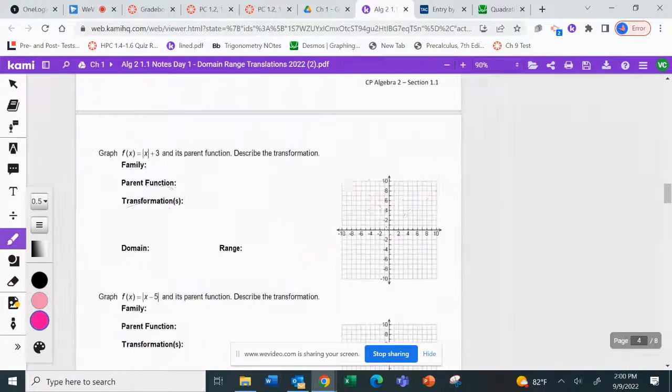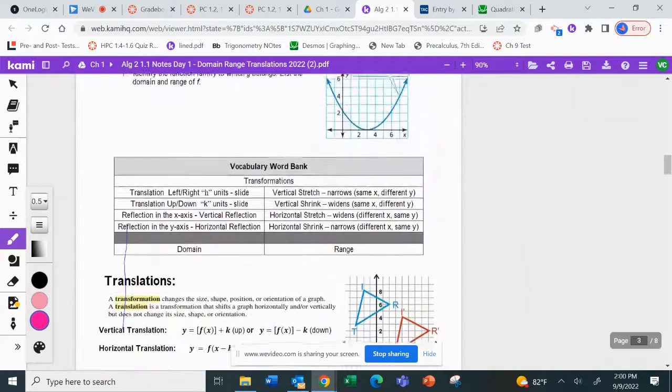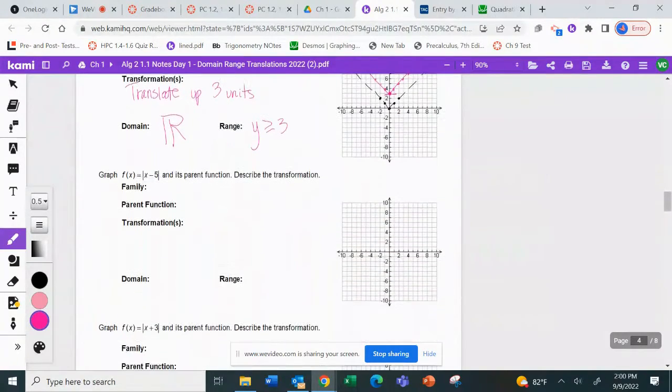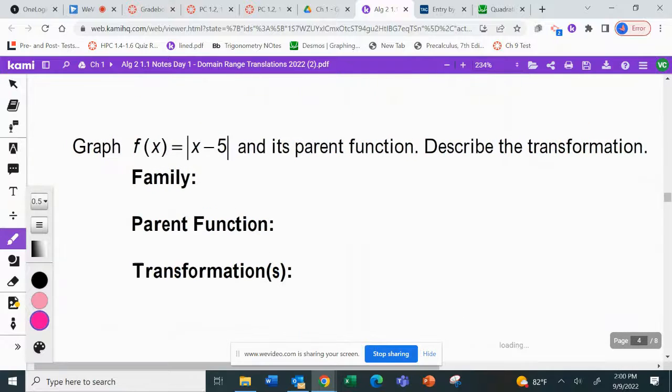And this stuff is also on this page over here. I just didn't want to read all of it to you. We'll eventually get there. But anytime that we have something other than x inside of the function, and this is what function family?